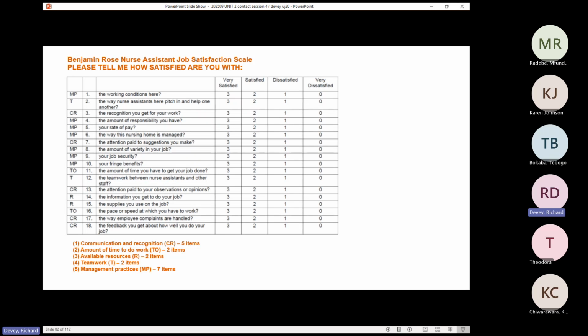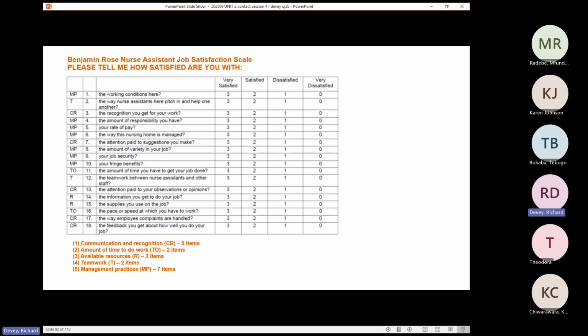These are the questions that measure the different dimensions. So the introduction would be, please tell me how satisfied you are with the working conditions, the way the nurse assistants here pitch in and help one another. And you can see how that statement is similar to the co-workers statement in the previous questionnaire, the recognition that you get for your work, the amount of responsibility, and so on.